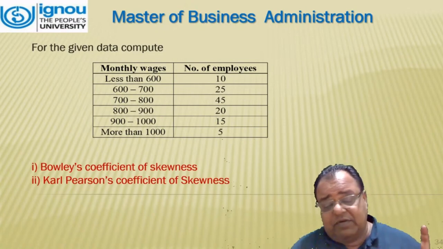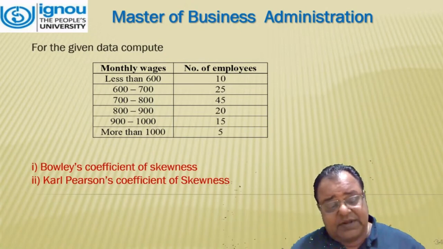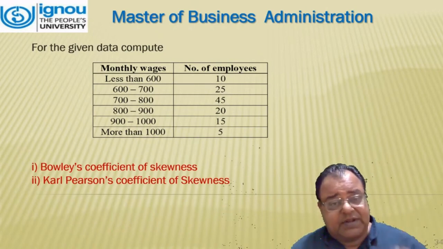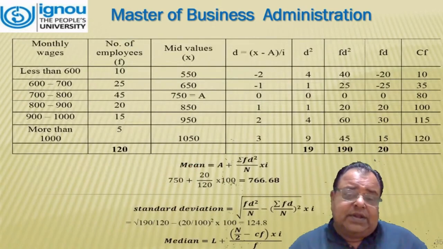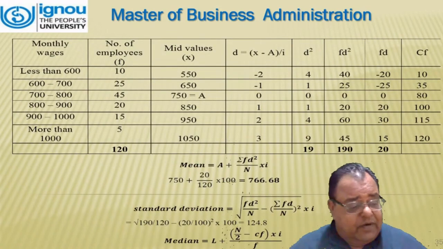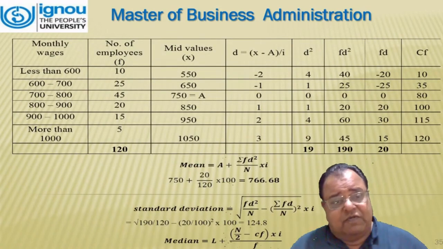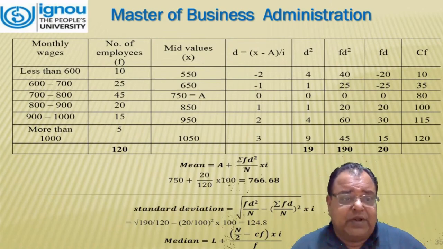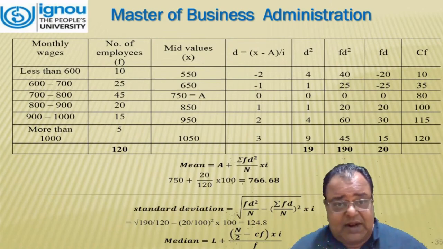First of all, we have to remember the formula for coefficient of skewness and the formula for Karl Pearson coefficient of skewness. This is the table that has to be generated for calculating these two coefficients. Monthly wages and number of employees were given to us. We have to first of all calculate the mean, because the frequencies and the monthly wages are too large.